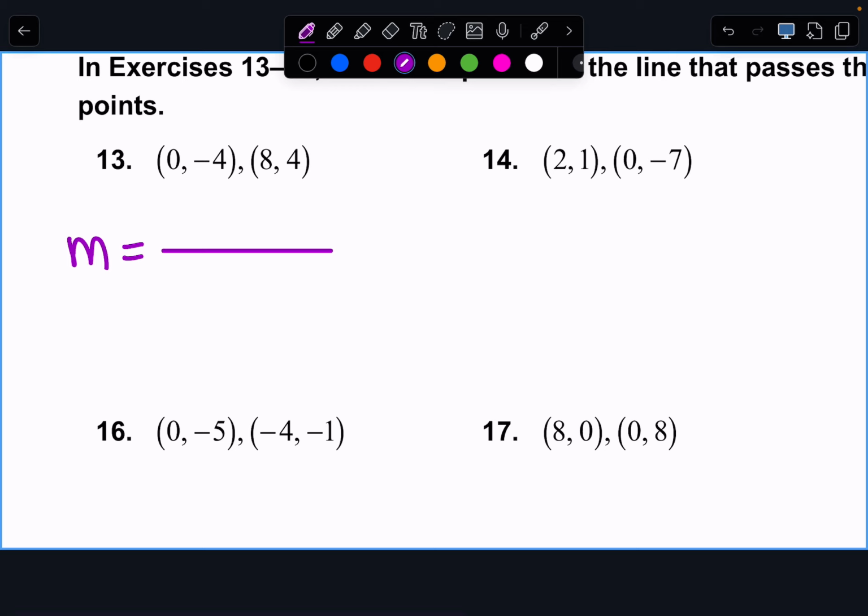To find slope, we need to take y2 minus y1. So I'm going to take 4 minus negative 4. Plus. I know, it will turn to plus. And then x2 minus x1.